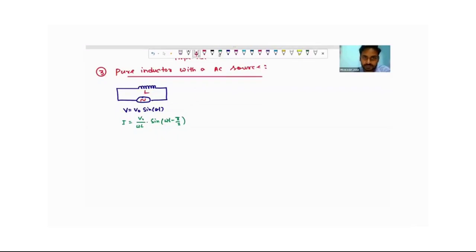Then what we do, we draw the graph, isn't it? Along the x-axis and along the y-axis, initially we draw the voltage source. Its magnitude is E naught and the current is 90 degrees lagging.